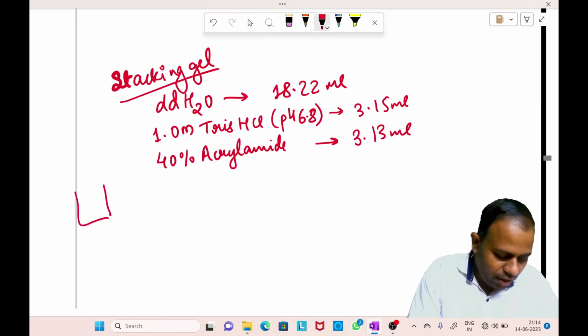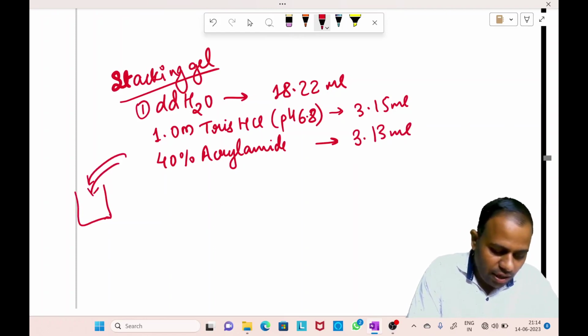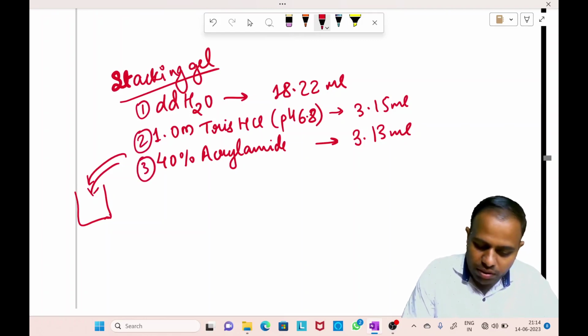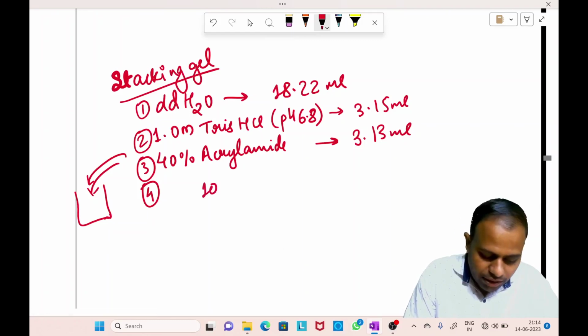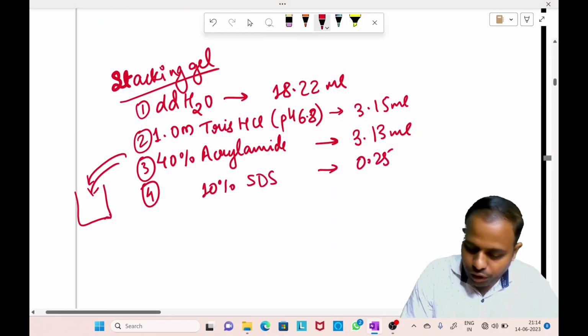You have to take a beaker and assemble everything in this beaker. One is double distilled water, second is Tris HCl, third is 40% acrylamide, then fourth is 10% SDS, which gives the negative charge. SDS you have to use 0.25 ml.